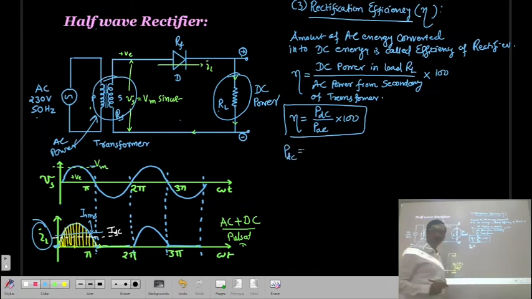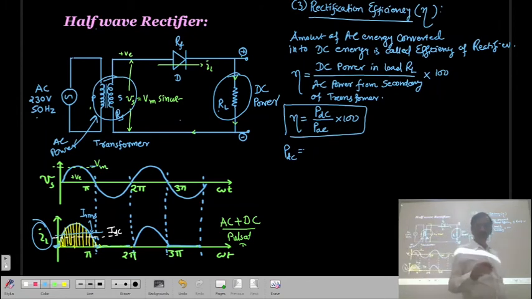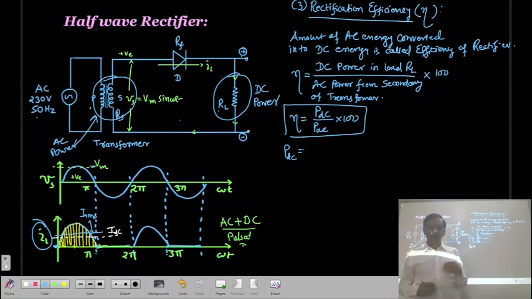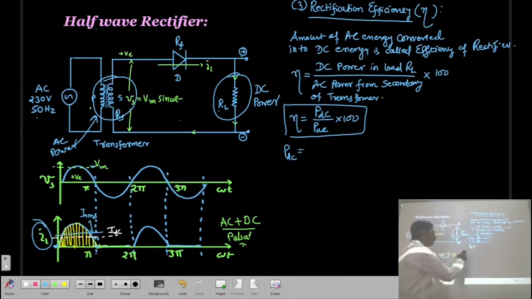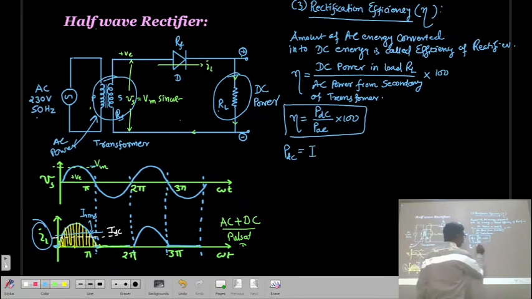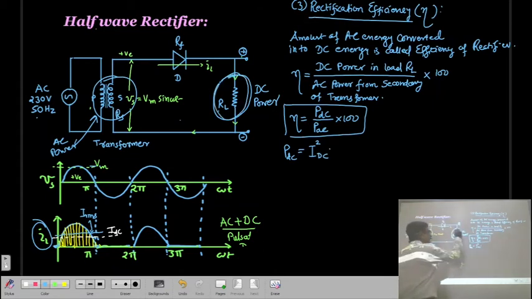For the calculation of power, we have three formulas: I into V, V squared by R, or I squared into R. Here we have information about the current, so we use the formula I squared into R. For calculating the DC power, I have to consider the DC current, that is I squared DC, and this power is dissipated in the load resistance RL.